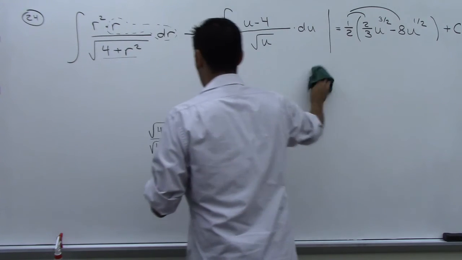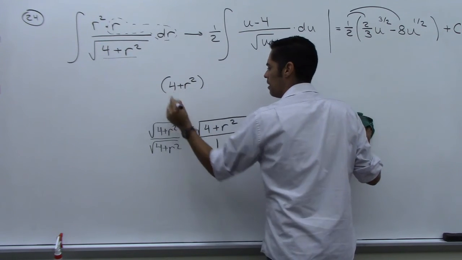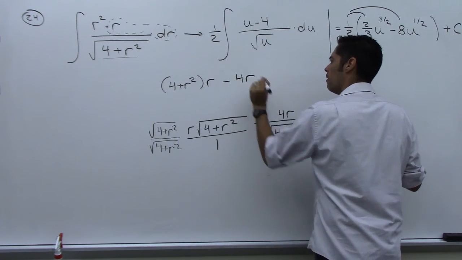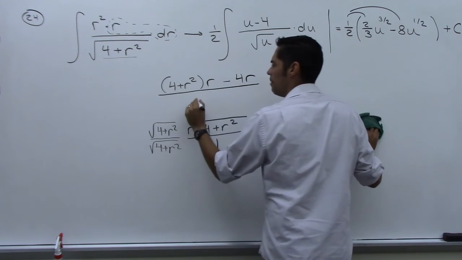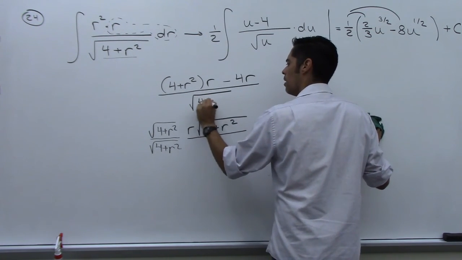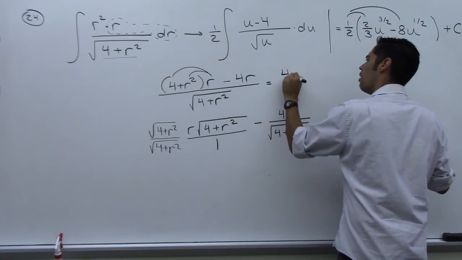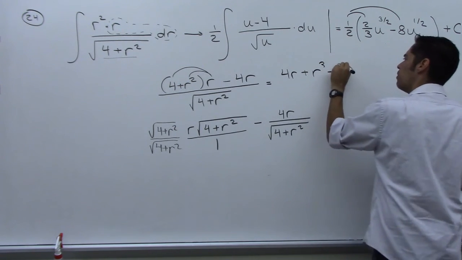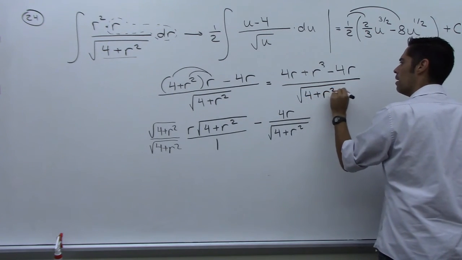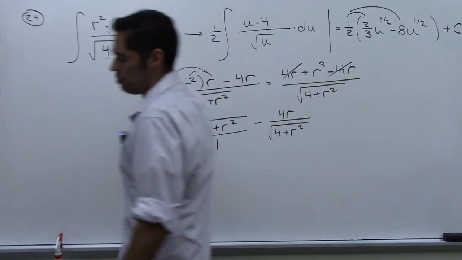So what you're left with is the 4 plus r squared, and then you still had an r out there, minus 4r, over the common denominator, square root 4 plus r squared. Now distribute this r through: 4r plus r cubed minus 4r over square root 4 plus r squared. These cancel, and you get r cubed over the square root of 4 plus r squared, which was the original problem.